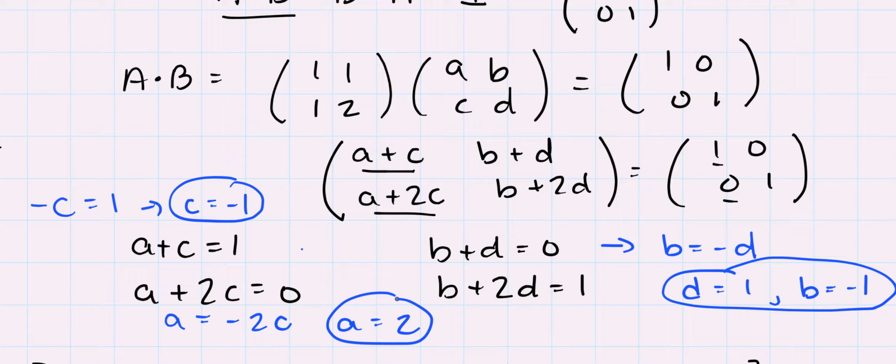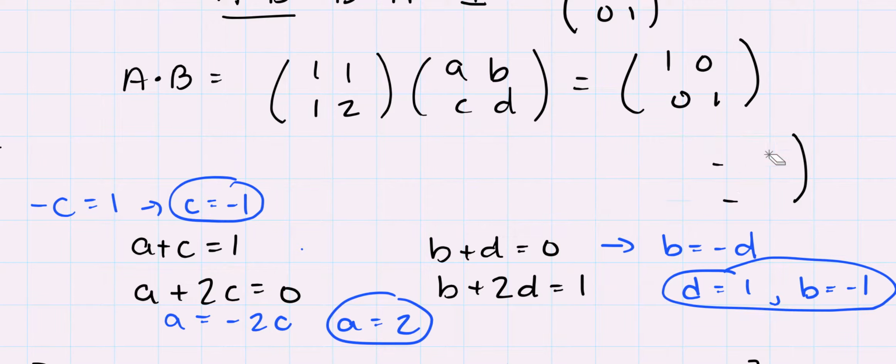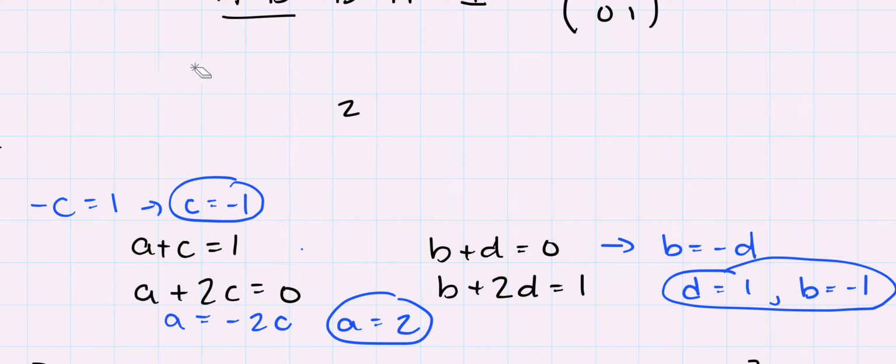So we figured out our matrix. Let me erase this so I have some room. So we see that B is equal to 2, negative 1, negative 1, 1.